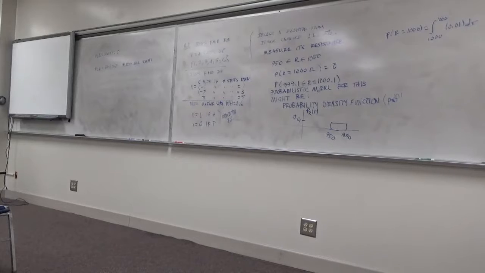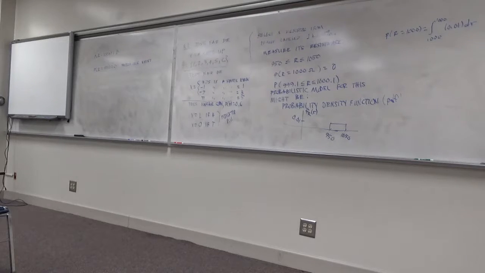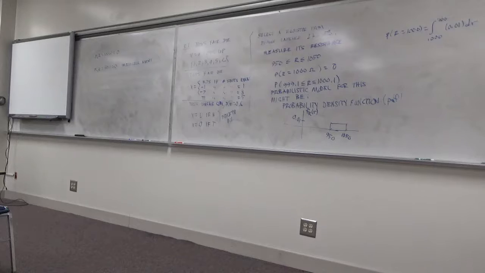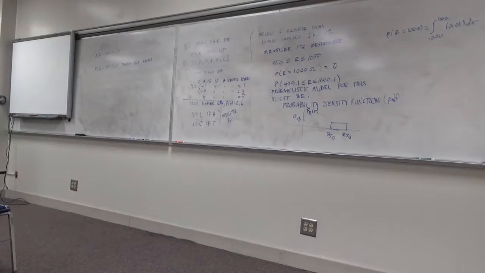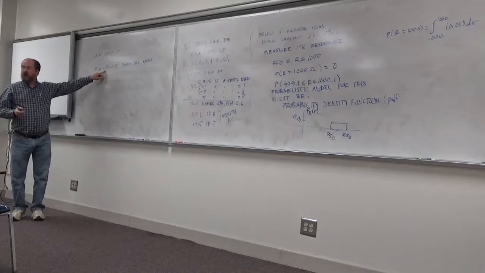What about r is 1,000? That's not an impossible event. Okay? Could r equals 1,000 happen? Yes, it just happens with 0 probability. Okay? 0 probability does not mean an impossible event. This means an impossible event. Why?